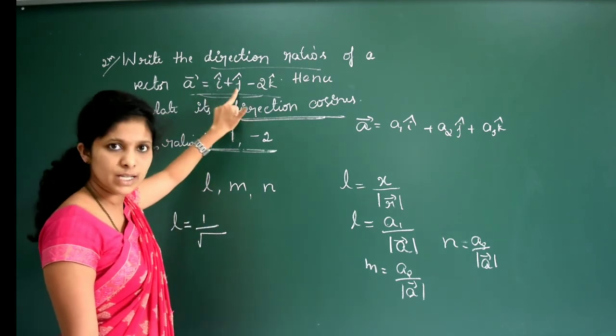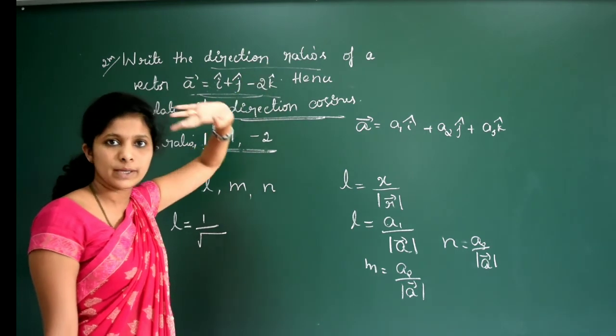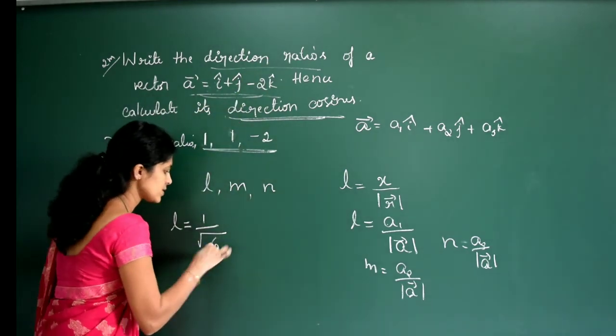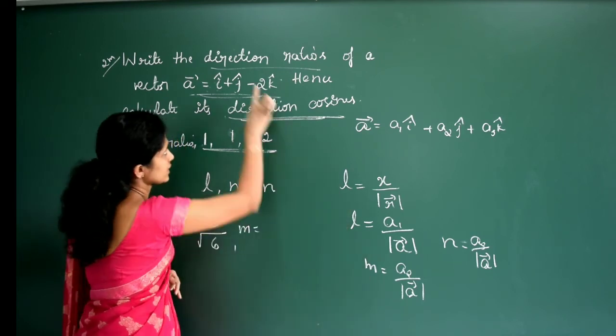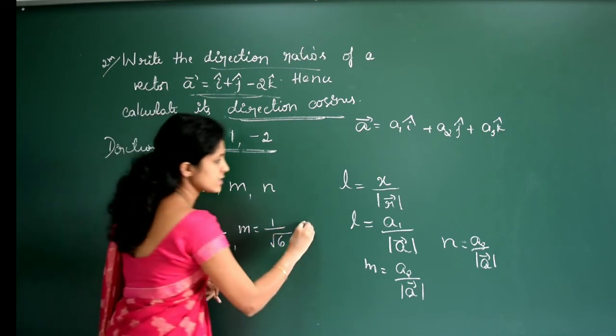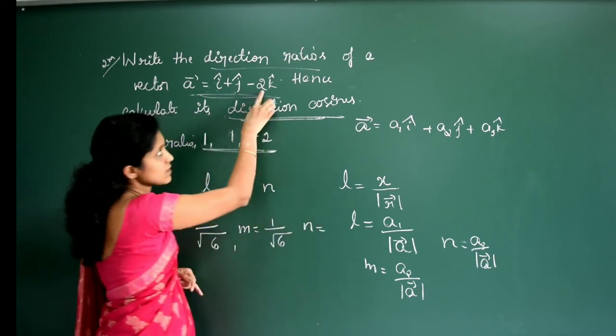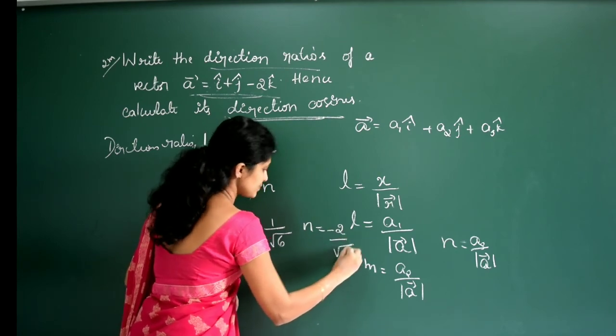What is it? 1 square is 1, plus 1 will be 2, 2 plus 2 square will be 4, 4 plus 2 will be equal to 6. So the magnitude is root 6. And m is equal to a2 by root of 6, that is 1 by root 6. And n is equal to a3 divided by root 6, a3 is now minus 2. So minus 2 divided by root 6.